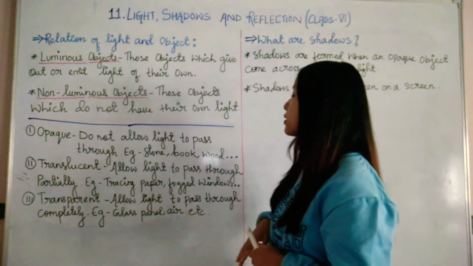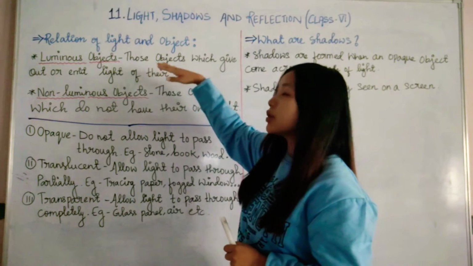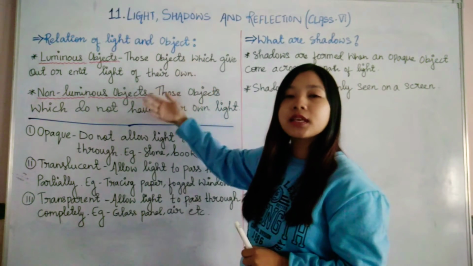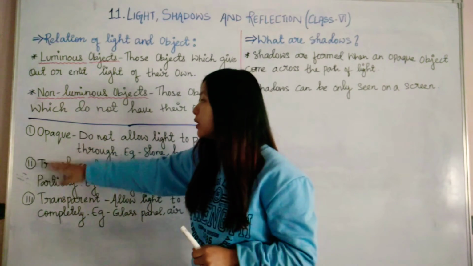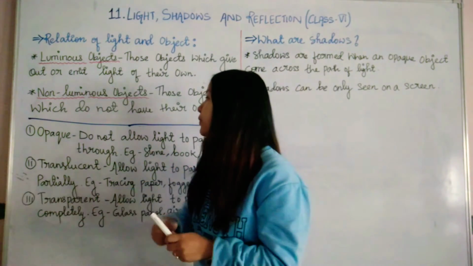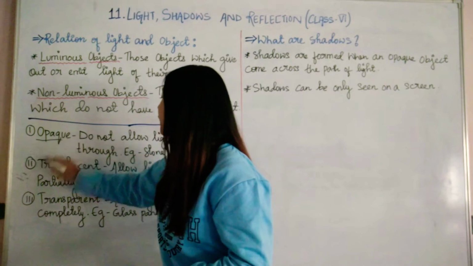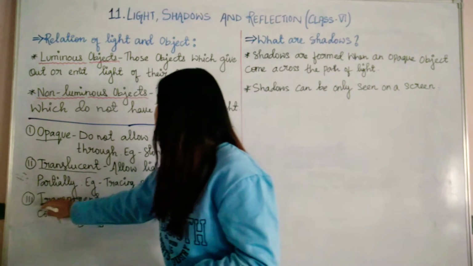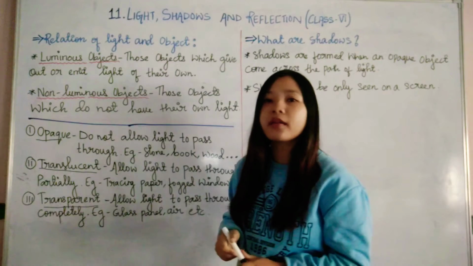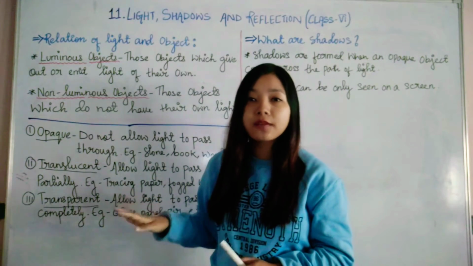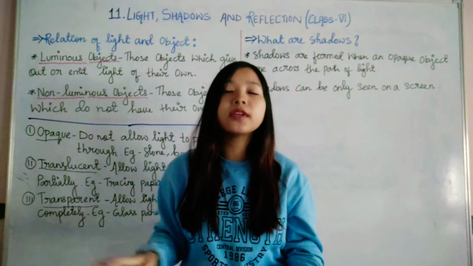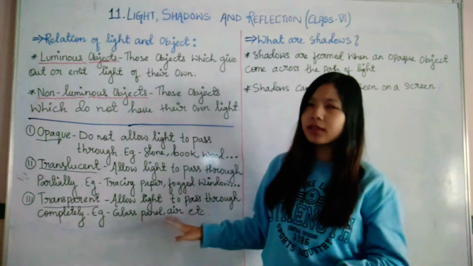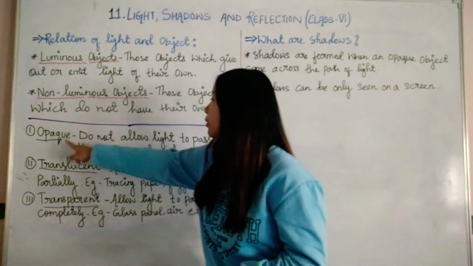Okay? Next topic. The relation of light and objects can be seen in a different way also, where objects can be divided into three groups: opaque, translucent and transparent. We have studied these three in our previous chapter also, but let's see them once more.